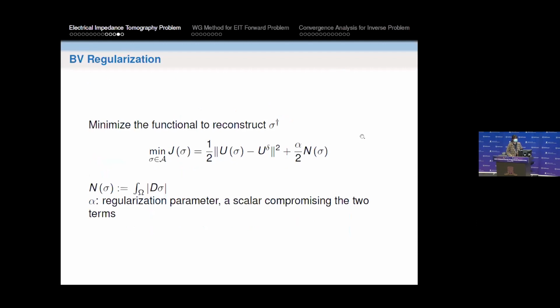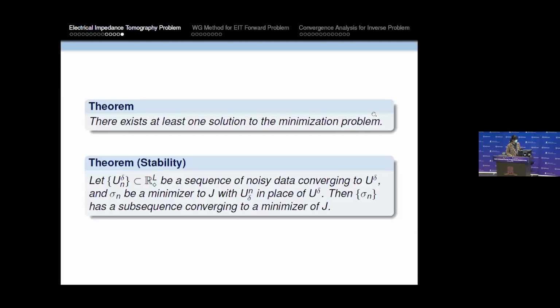We use this alpha to compromise these two terms to ensure the best reconstruction. Mathematically, we prove that there exists at least one solution to the minimization problem. And also, with the help of this added bounded variation, we have that this minimization problem is stable with respect to the noisy measurement.